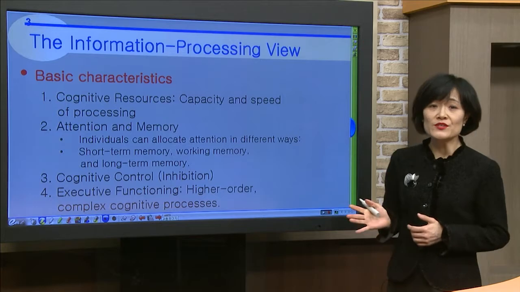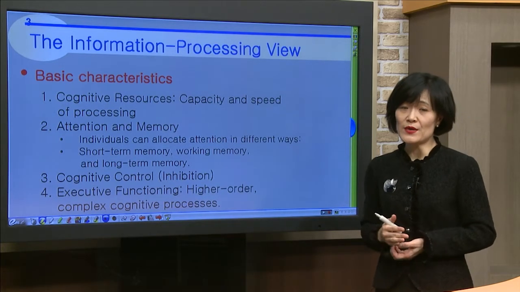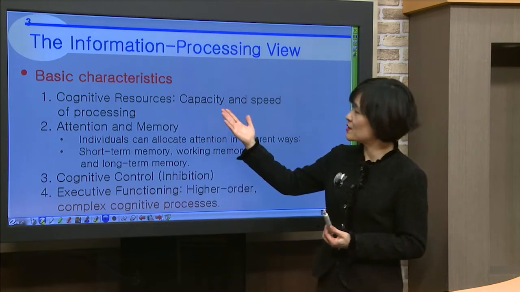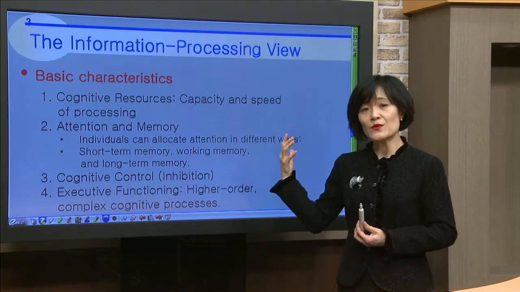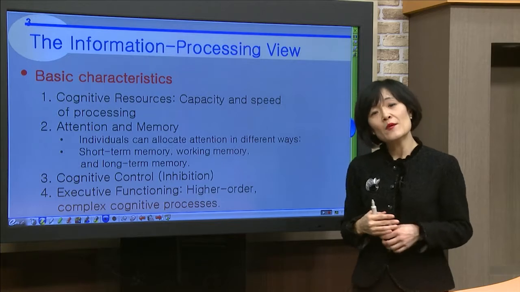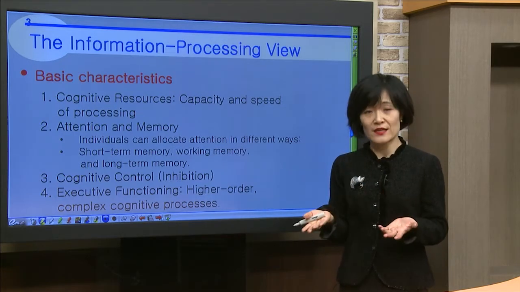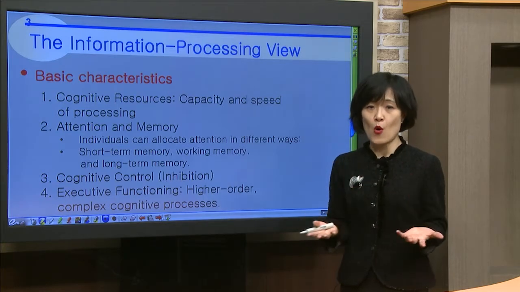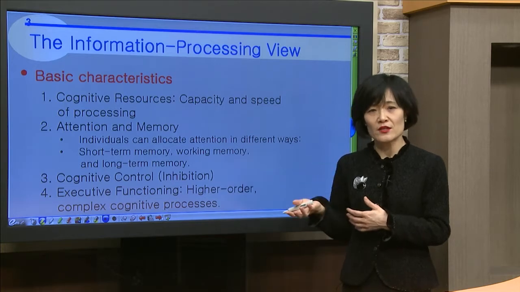Okay, the first topic is the information processing view. People have different capacities and different speeds. For example, even though students take the same classes, after class, when we ask questions about what you learned, some students can remember more, and some students can remember very little information.